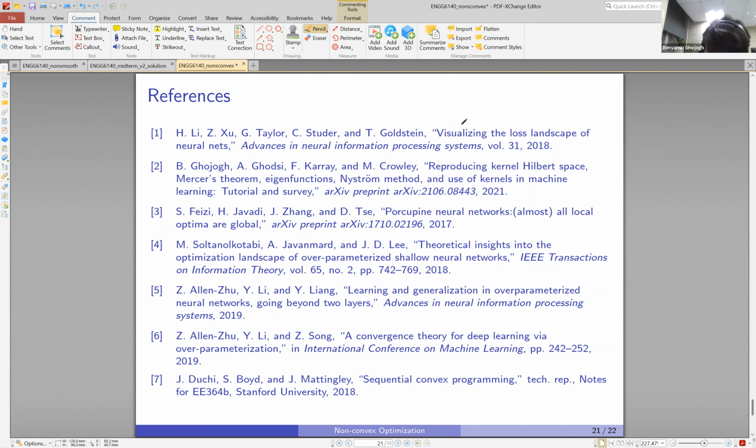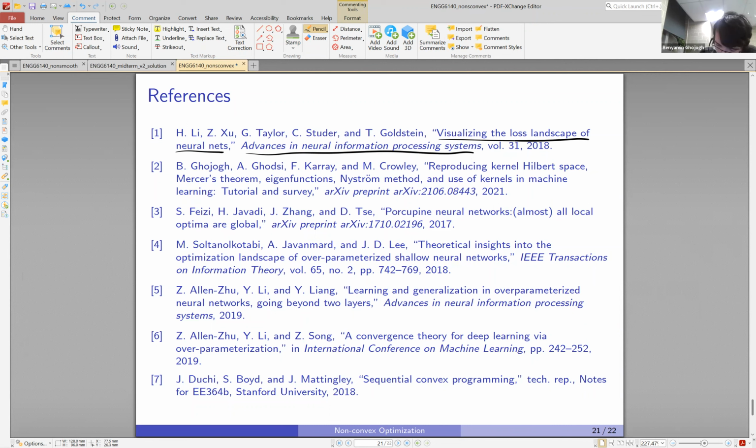So this paper, visualizing the loss landscape of neural nets, was published in NeurIPS. As I said, the loss landscape, the optimization landscape of neural networks is highly nonlinear and highly non-convex for the reasons that we explained, and you can visualize them. This paper has discussed it.